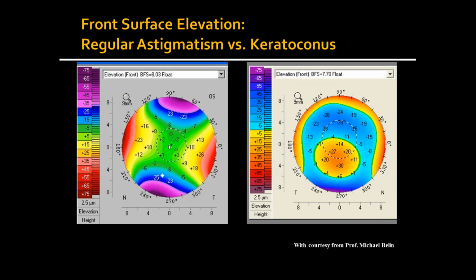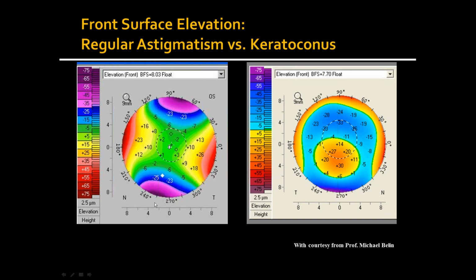And here we can see an example on your left of a normal astigmatic patient's elevation map on the front of the cornea. You can see that 90-degree separation between the high point and low point. One of the things that confuses people at the beginning is the color scheme most of these systems use, because when you look at elevation, the steep meridian is usually cooler in color, whereas in curvature it's usually warmer.